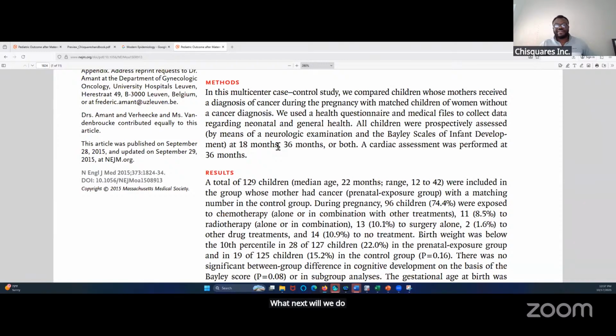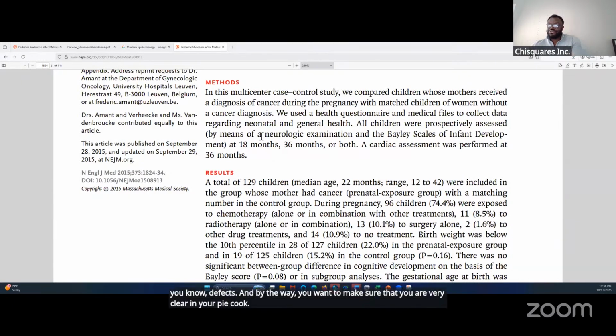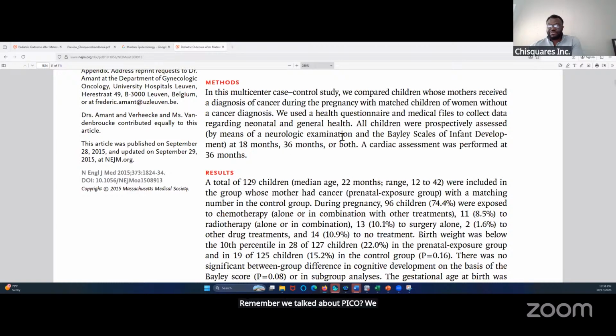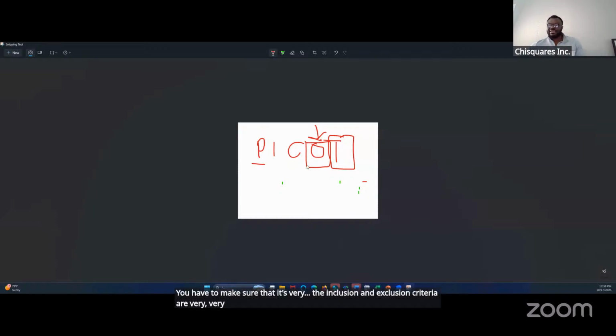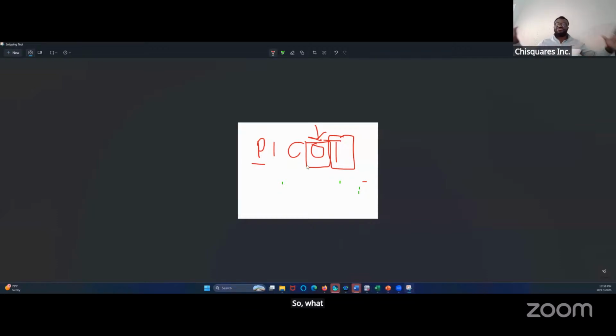We've identified the children as individuals with defects. And by the way, you want to make sure that you are very clear in your PICO. When we talk about PICO, we live and die by PICO. You have to make sure that the inclusion and exclusion criteria are very well defined. So what is it? All children of all ages, or what would you?